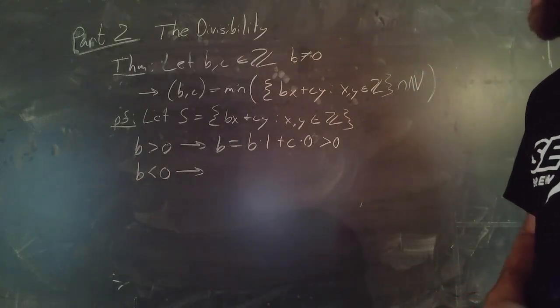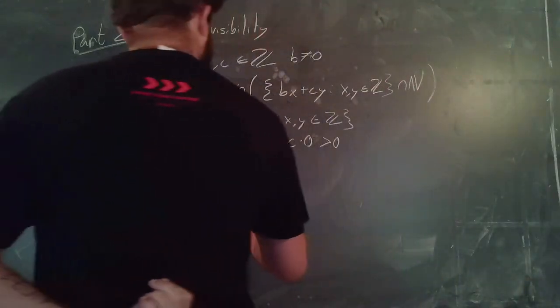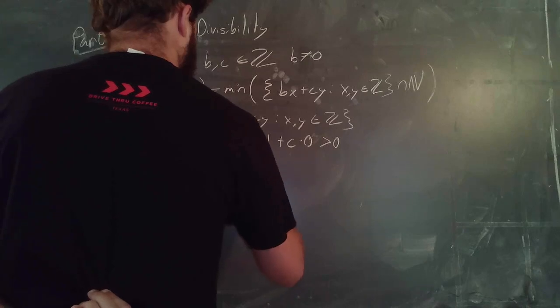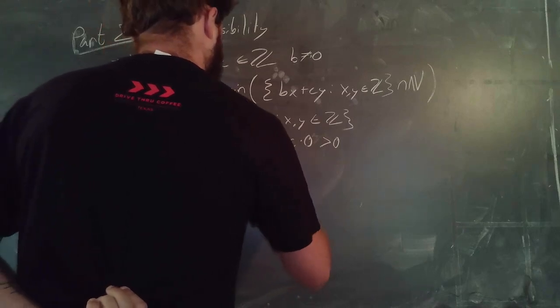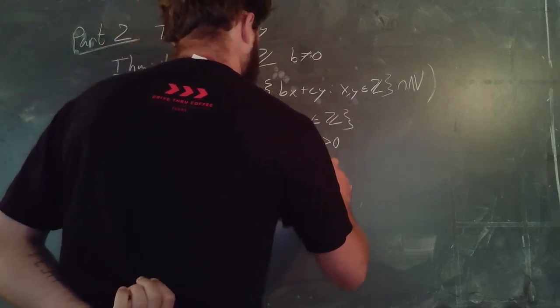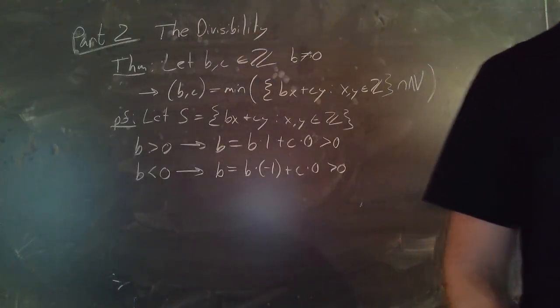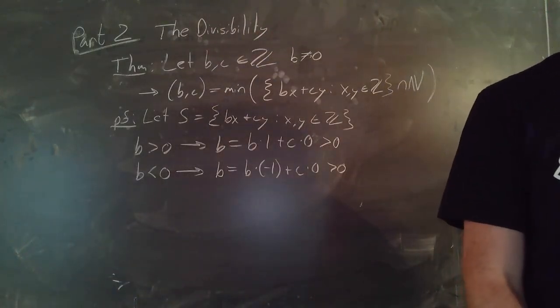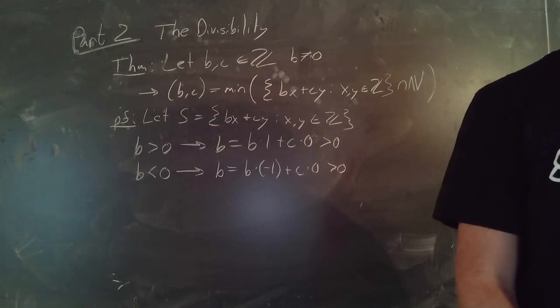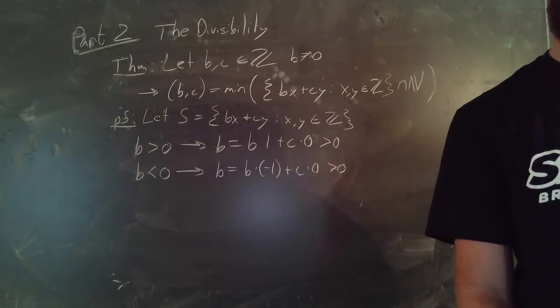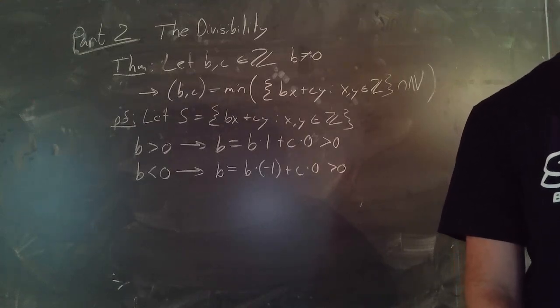And if b is less than 0, then we can express it as b times minus 1 plus c times 0, which again is greater than 0. This establishes that S has at least one positive element. That means that we will be able to find a minimum value of this set because we will always have at least one positive element.